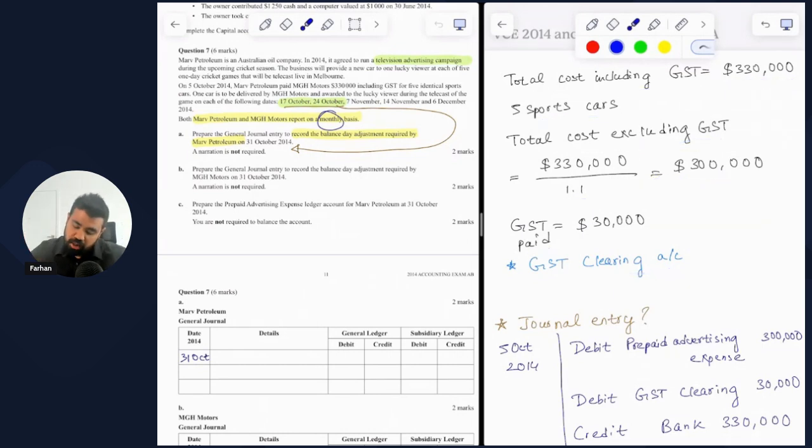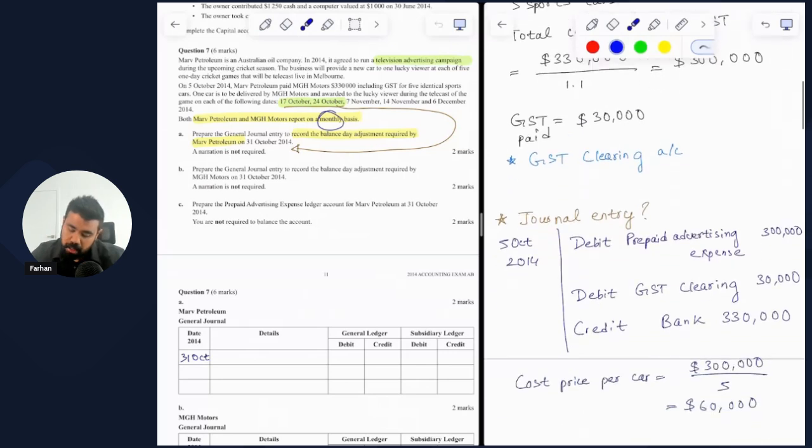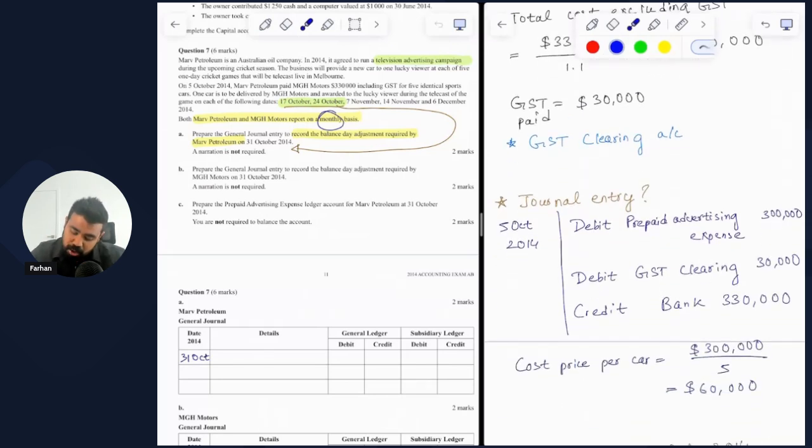So the journal entry. So what about the journal entry on the 5th of October 2014 when Mark Petroleum paid MGH Motors $330,000 for 5 cars using funds in the bank account or for cash? So we understand that the payment on 5th October, if we were to do the journal entry on 5th October, we would debit the prepaid advertising expense.